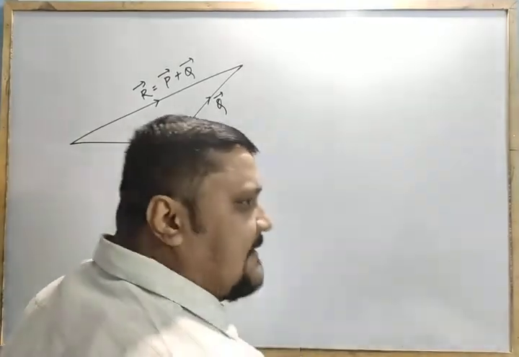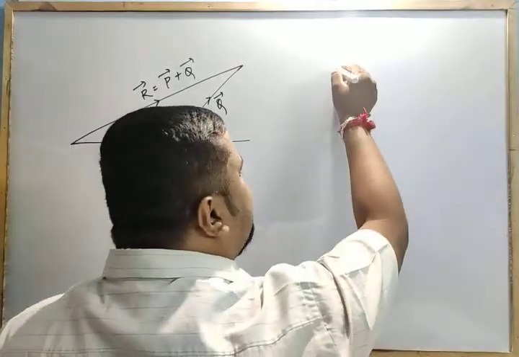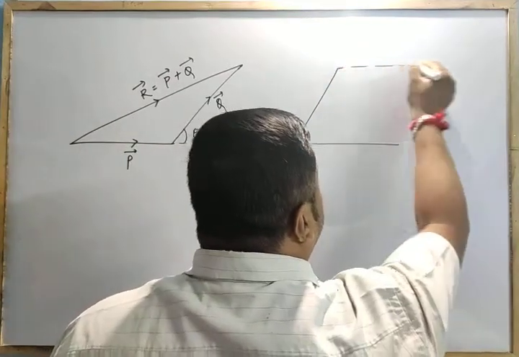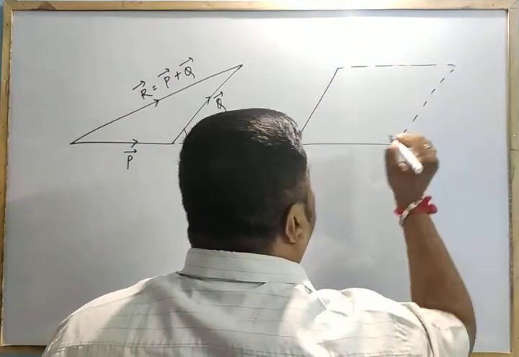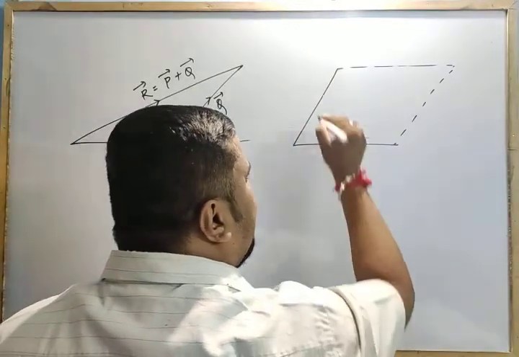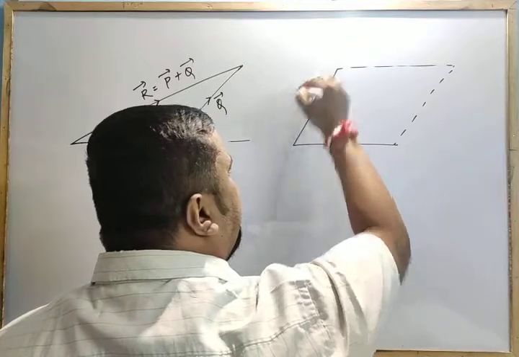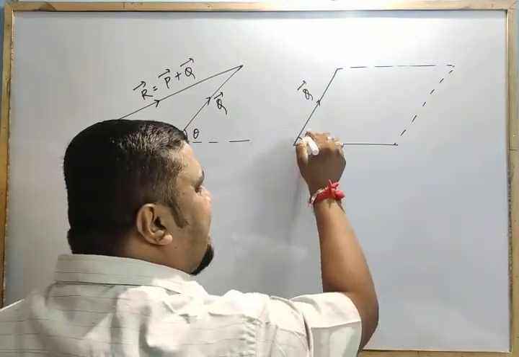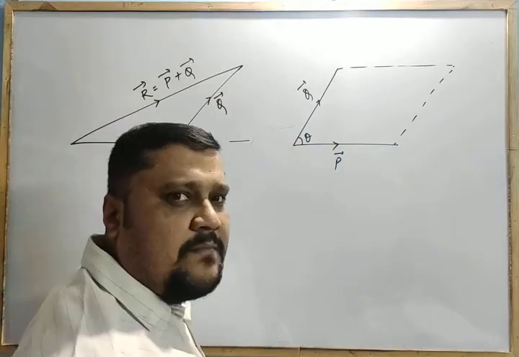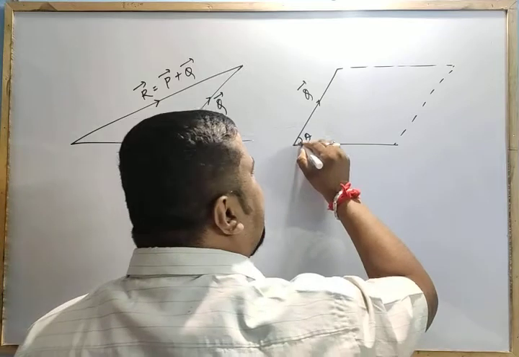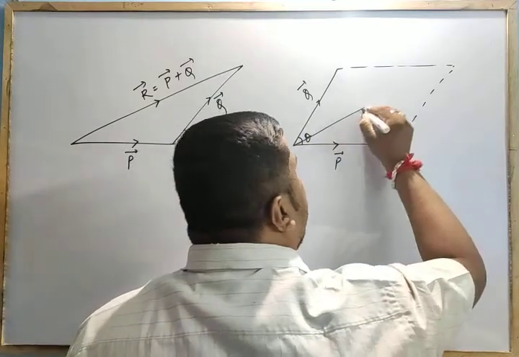Then in the parallelogram law of vector addition, if the vectors P and Q are represented by the two adjacent sides, and here this is the angle theta between the two vectors, then the resultant is represented by the diagonal.